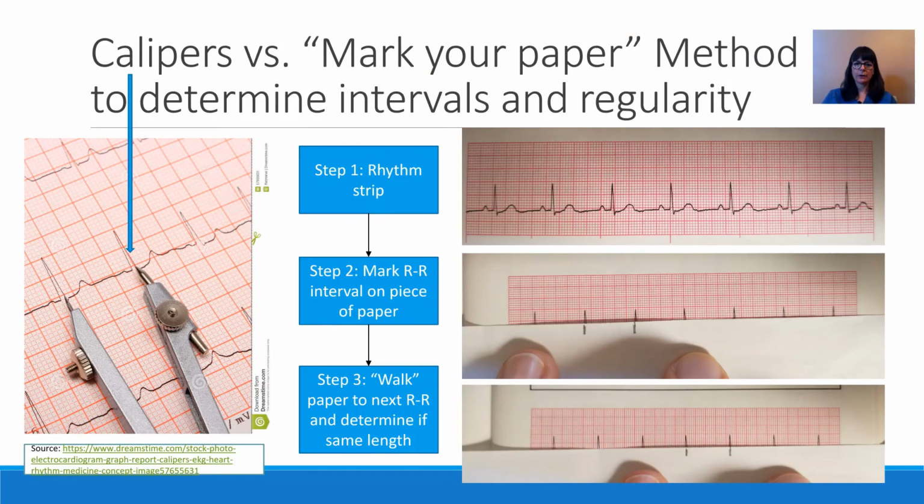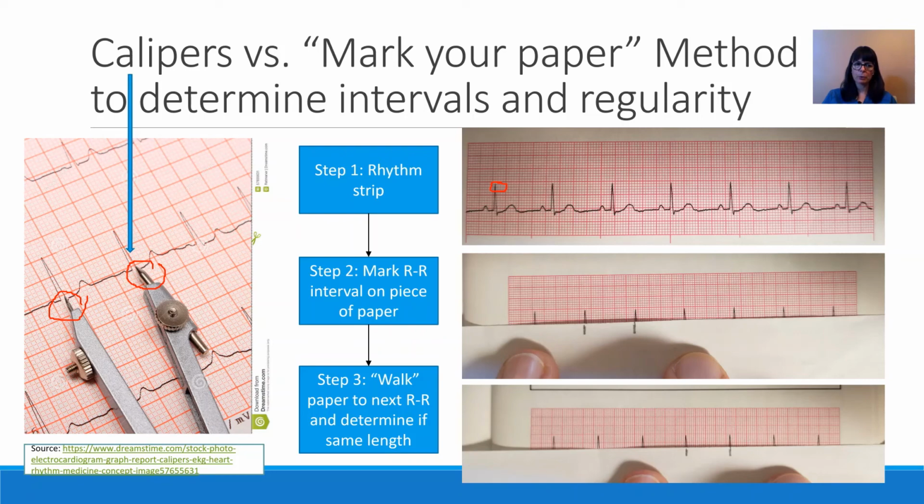Next, we'll look at how to determine if the heart rate is regular. There are basically two different methods. One of them is to use a tool called the calipers, which you can see over here on this picture on the left side. And this tool has these two pointy tips here. And so you can either measure the P to P interval or the R to R. The R to R is usually a little bit easier because the R wave is up there and it's easier to measure.